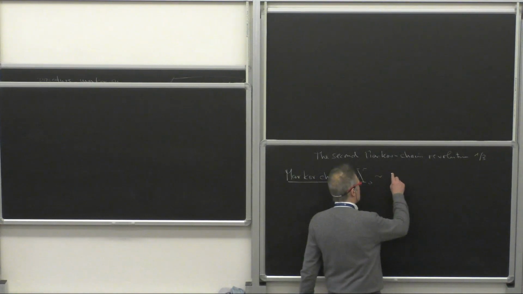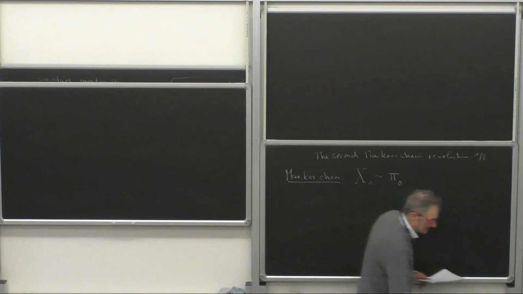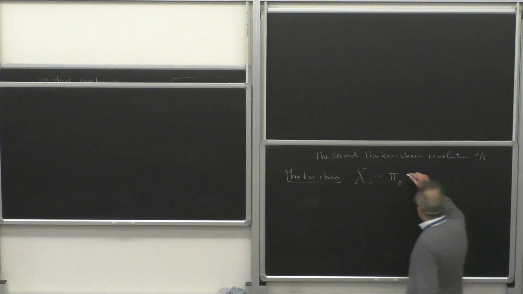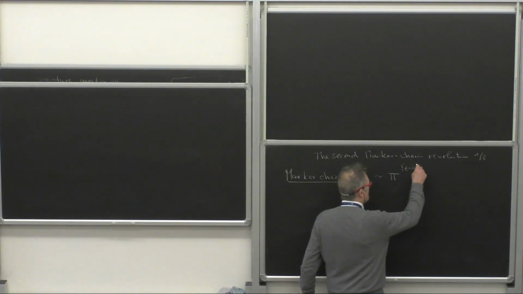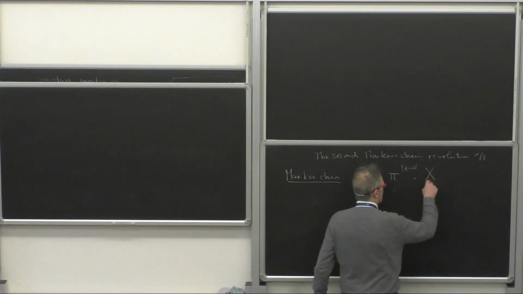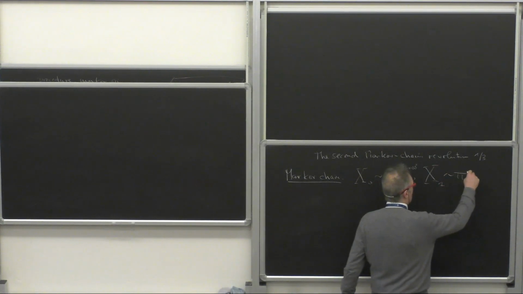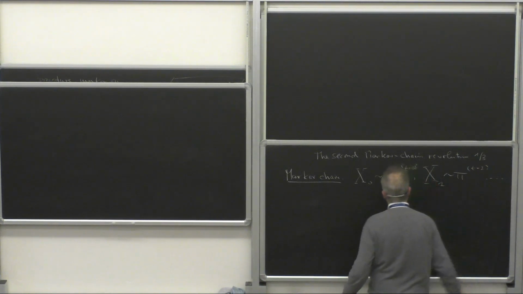Random variable x0 is distributed as pi of t equals 0, x1 is distributed as pi of t equals 1, and so on.